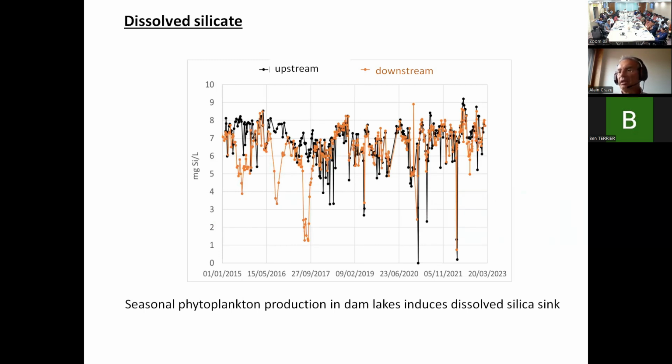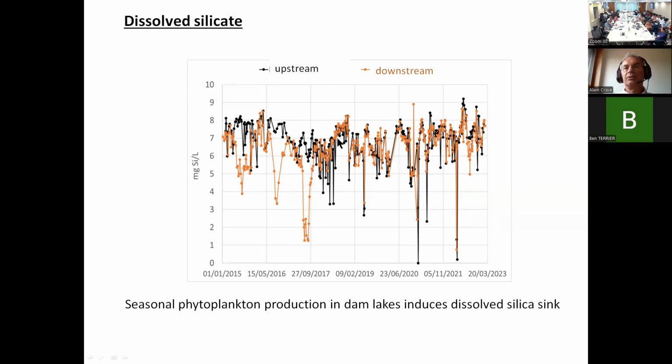This is clearly explained by the planktonic bloom that increases during summer and induces a sink of silica, because part of the plankton bloom uses this silicate for its skeleton.